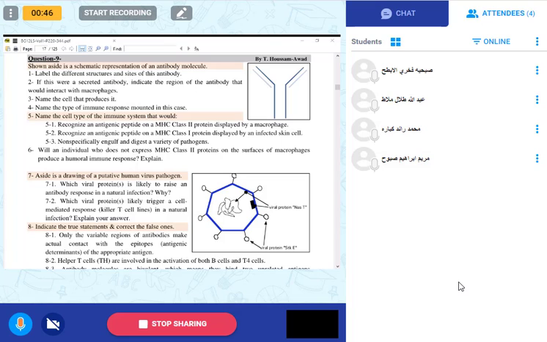Who wants to read? Yalla, Sobhiya, Mohammad, Abdullah. Who wants to read?